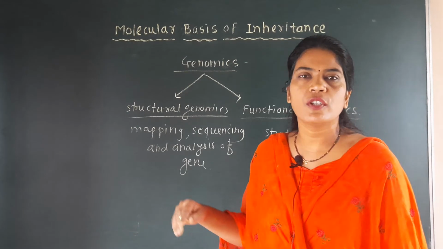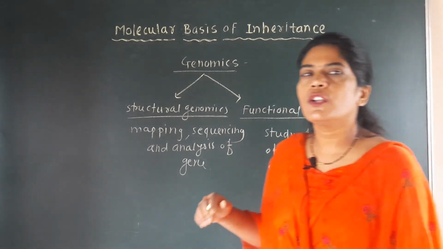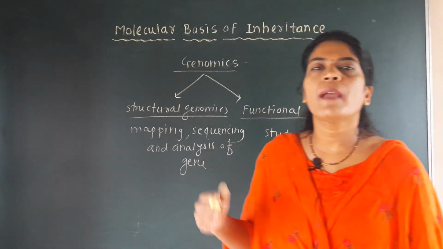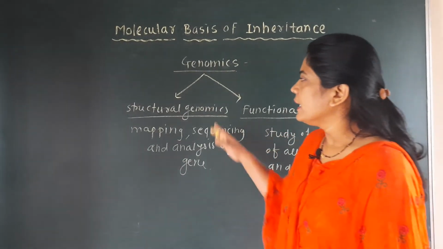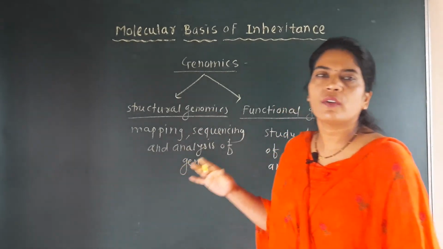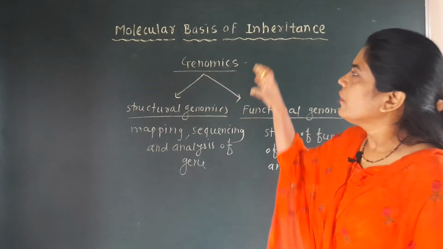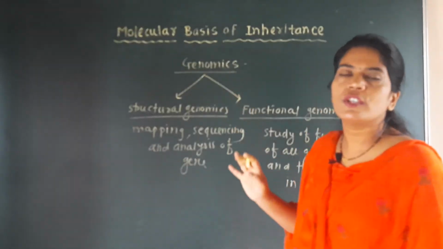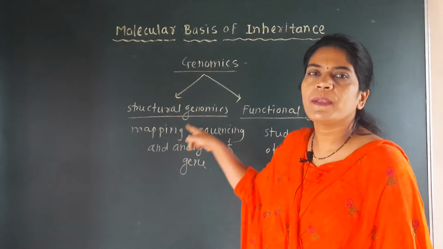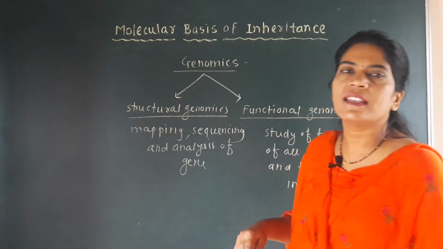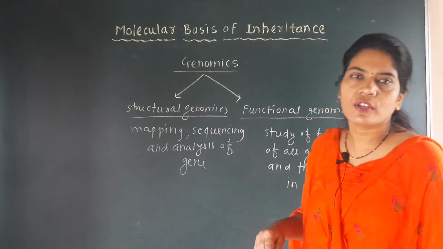In the definition we saw that genomics is the study of the genome through analysis, mapping and sequencing of the genes and their related function. But in structural genomics, the genome is studied structurally, and in that gene mapping, gene sequencing and gene analysis are carried out. That is called structural genomics.